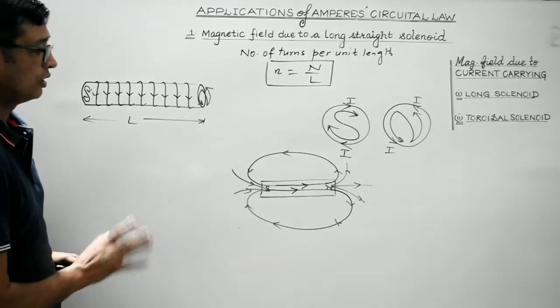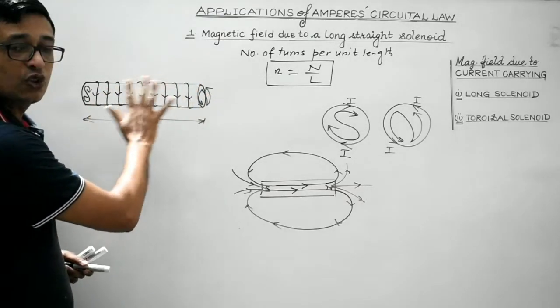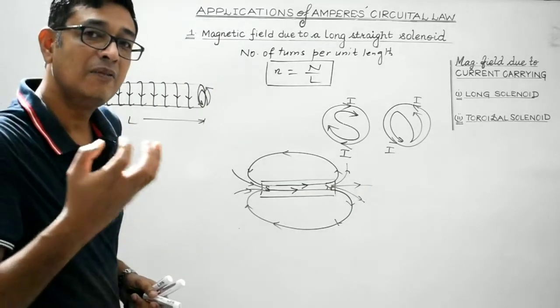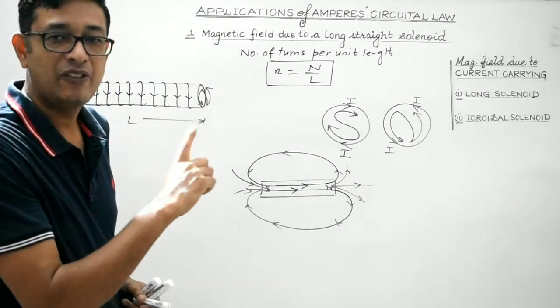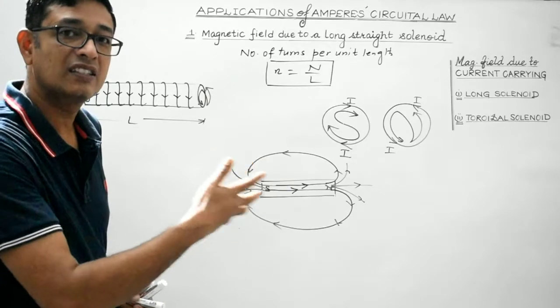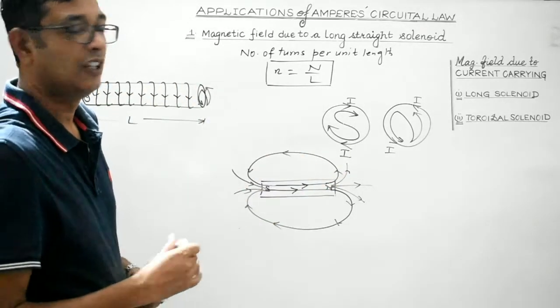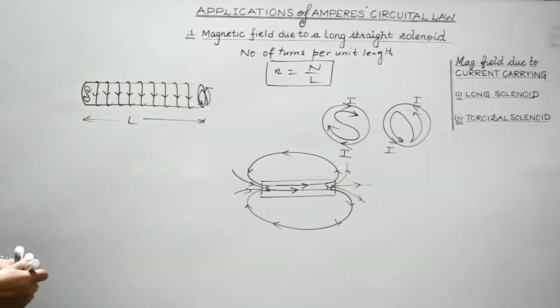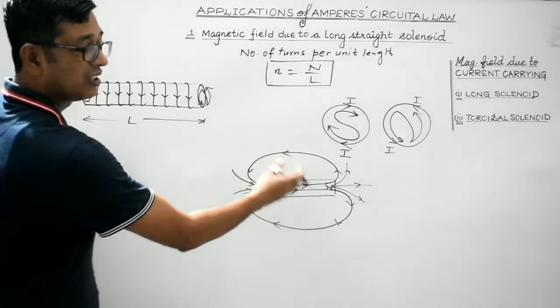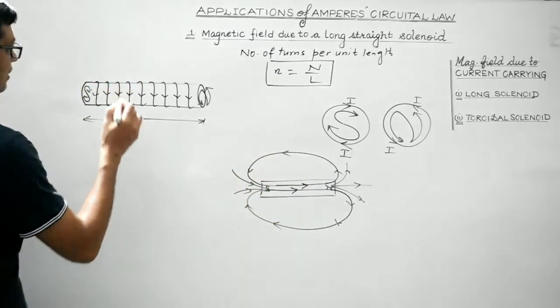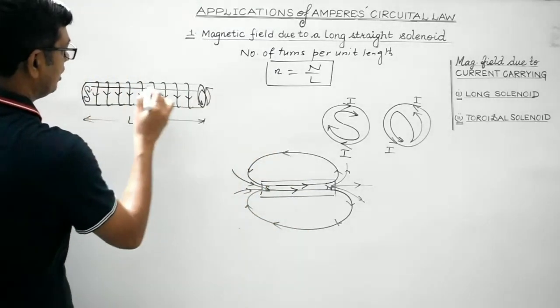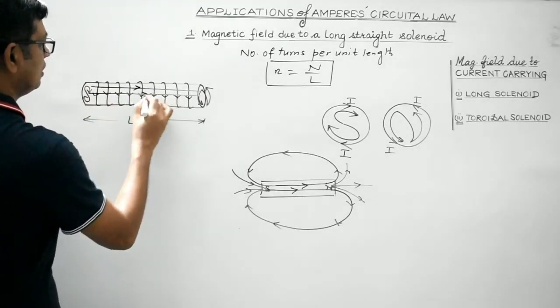Therefore, this current carrying solenoid does behave as a magnet. Clear? If you draw magnetic field lines here, just as we drew in the case of a bar magnet, it will be like this. Inside, it will be from south to north.